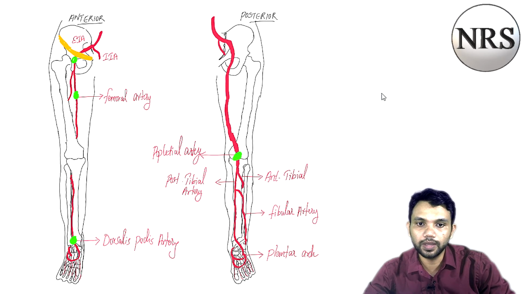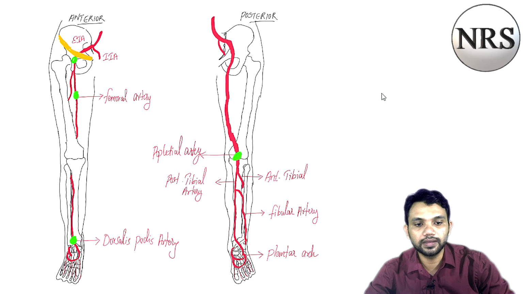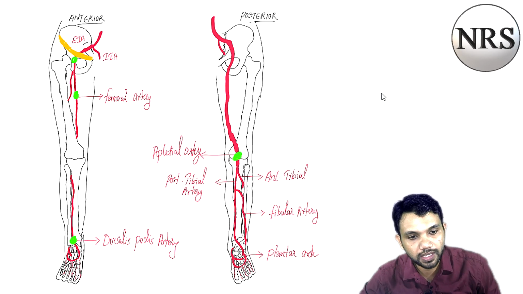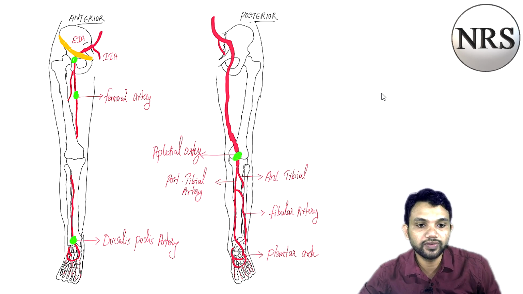In the lower limb, just like the arteries, we will have the veins. We will have the posterior tibial vein and the anterior tibial vein. Both of them join to form the popliteal vein, and the popliteal vein becomes the femoral vein.